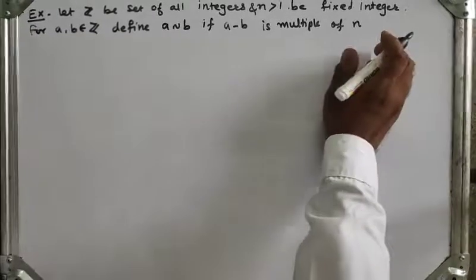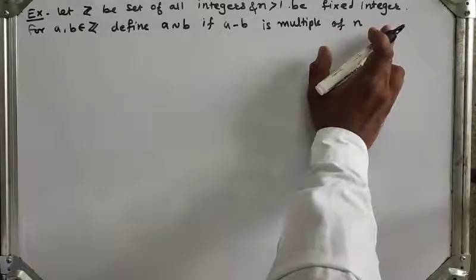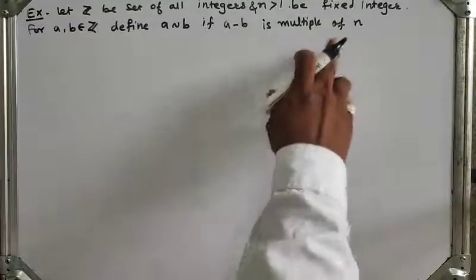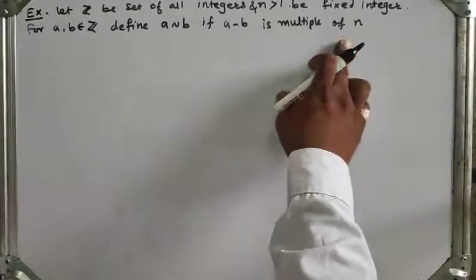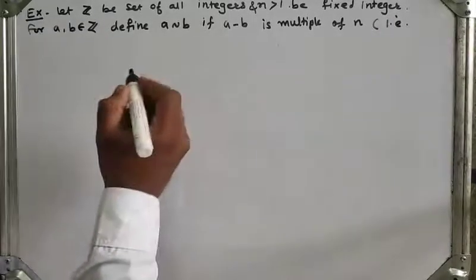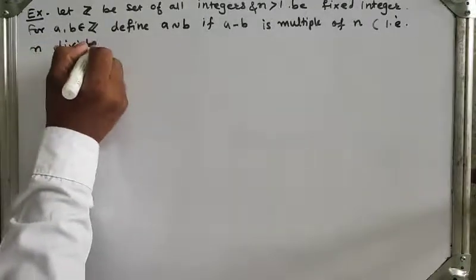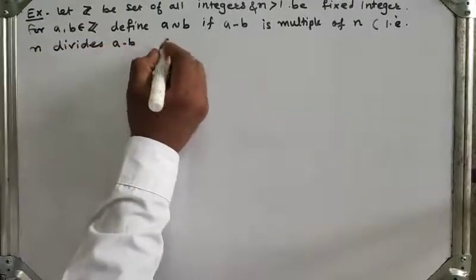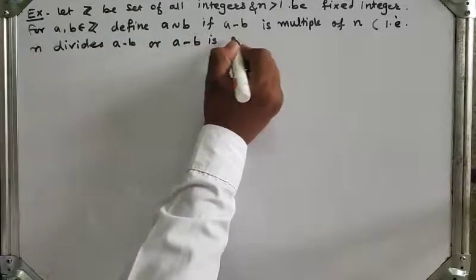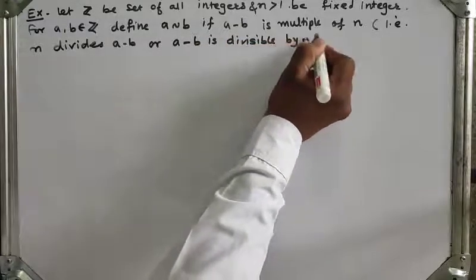Now the next example is: let Z be the set of all integers, n greater than 1 a fixed integer, and a, b belong to the set of integers. Define a tilde b if a minus b is a multiple of n, that is, n divides a minus b, or a minus b is divisible by n.